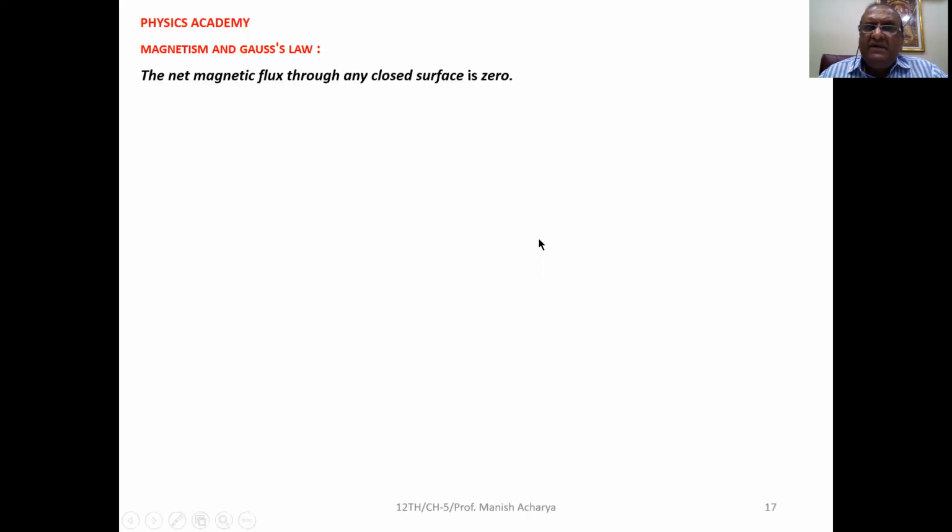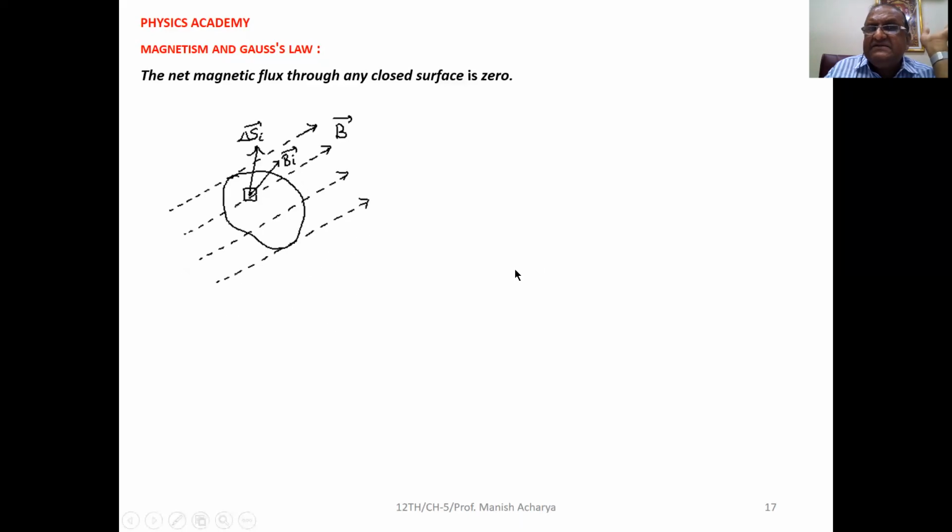Then after this, magnetism and Gauss's law. Gauss's law for magnetism suggests that the net magnetic flux through any closed surface is 0. Suppose here we consider any closed surface in the magnetic field.